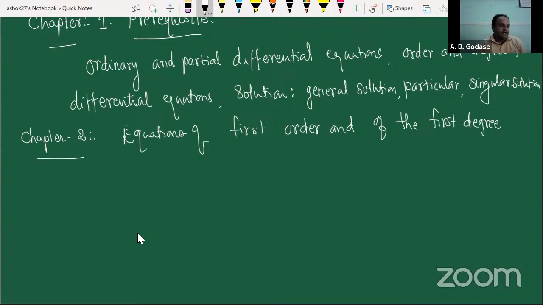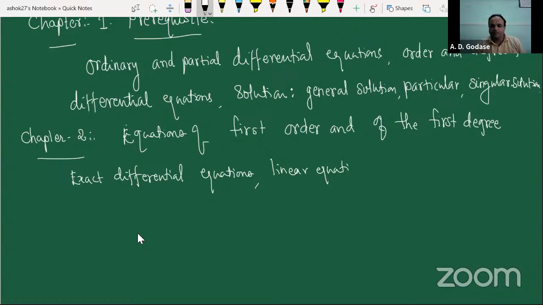In that you'll see exact differential equations, then linear equations, then equations reducible to the linear form.